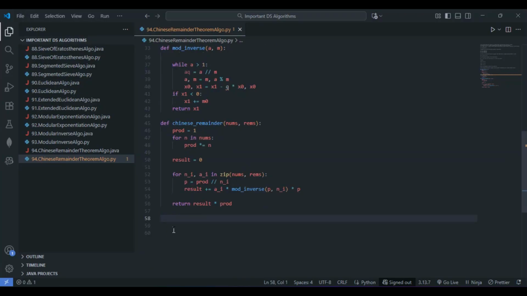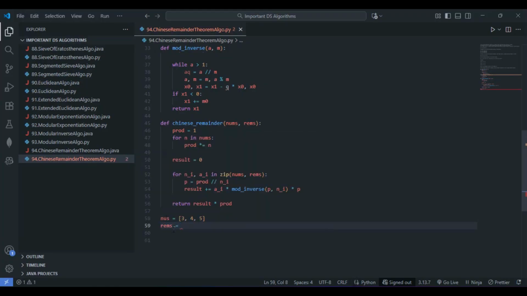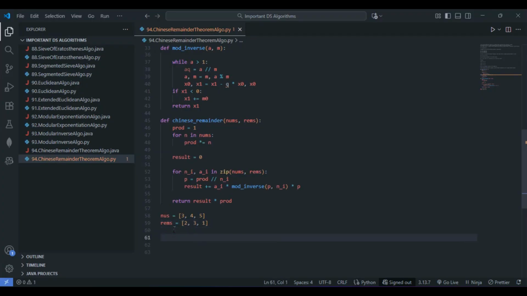And now let's go with the example usage. So I'll just go with nums equals 3, 4, 5 here. This is fine. Rems, I'll just go with 2, 3, 1. So this is also fine. Now let's go with step 5, nothing but let's call the Chinese remainder theorem function.